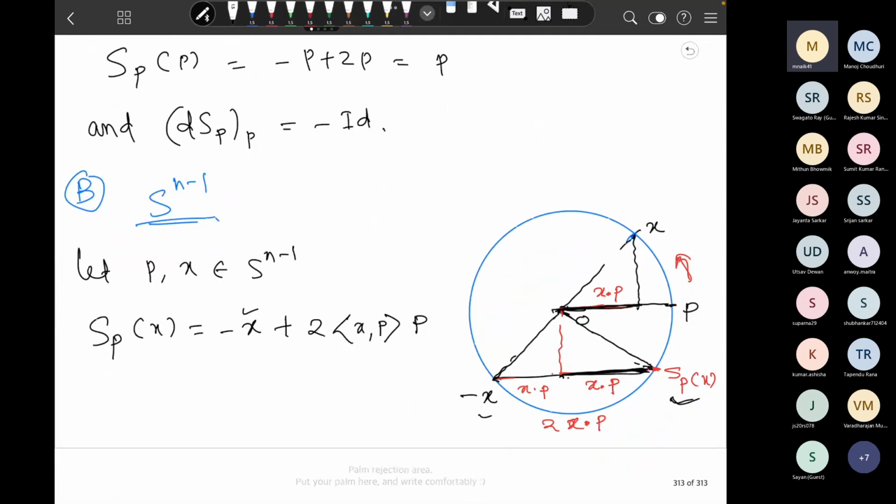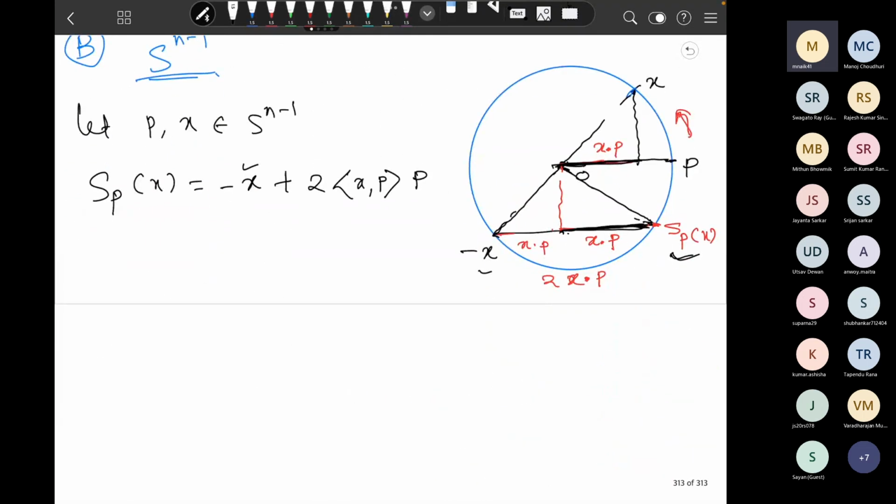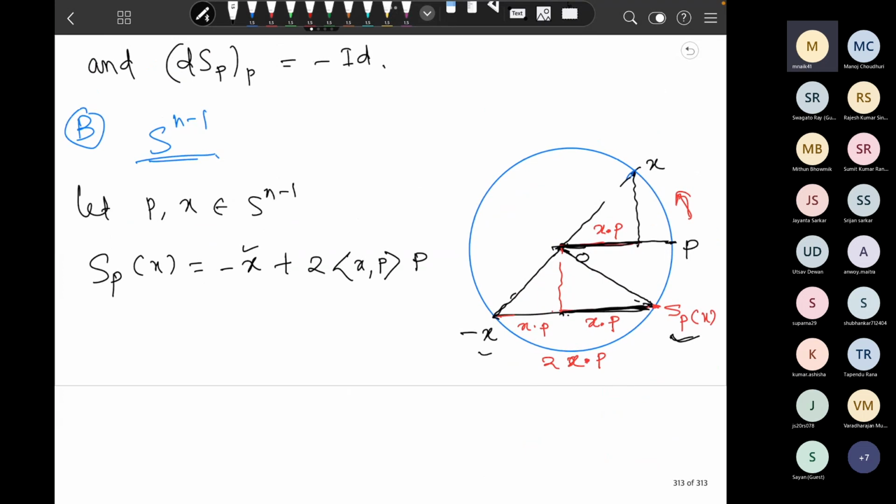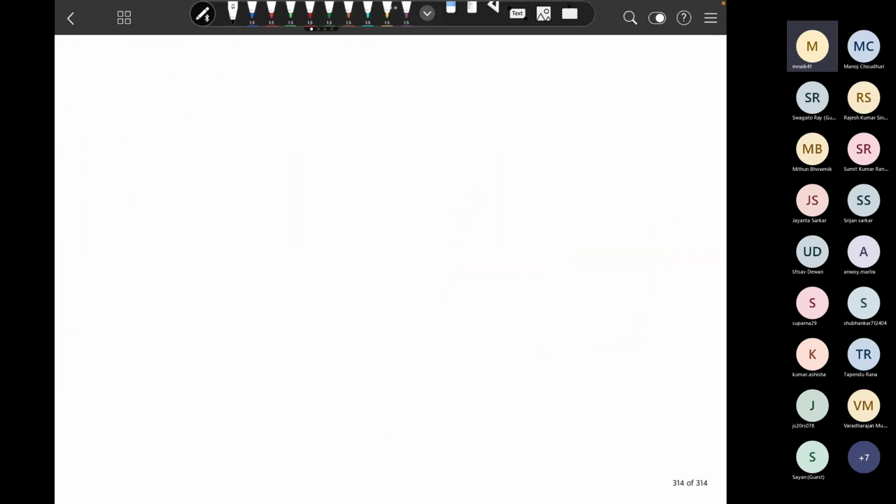Okay, so S_P is a map from S^{n-1} to S^{n-1}, but you can really extend this S_P to a map from R^n to R^n, and this is the same map.